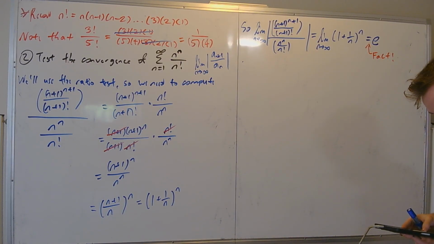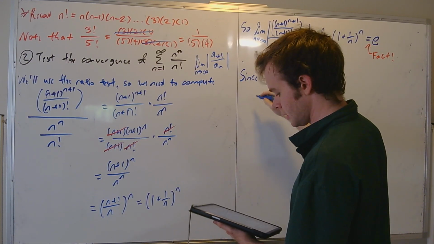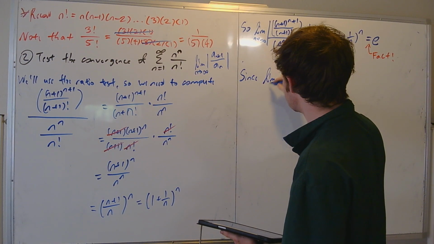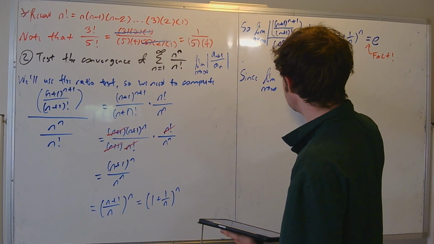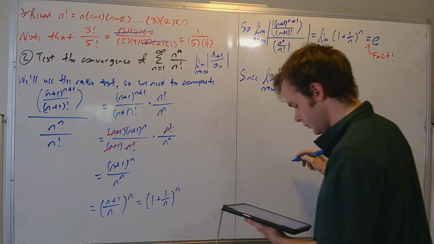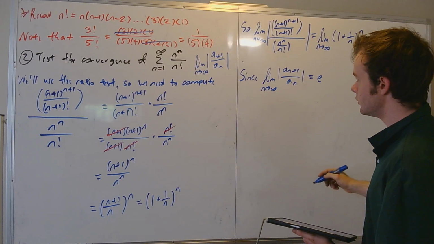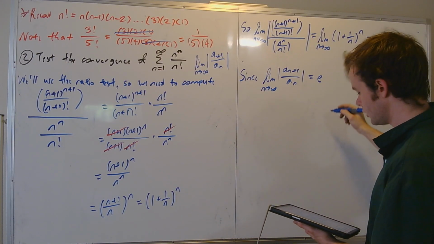So we can say that the limit as n goes to infinity of the absolute value of a_(n+1) over a_n is equal to e, which is greater than 1.